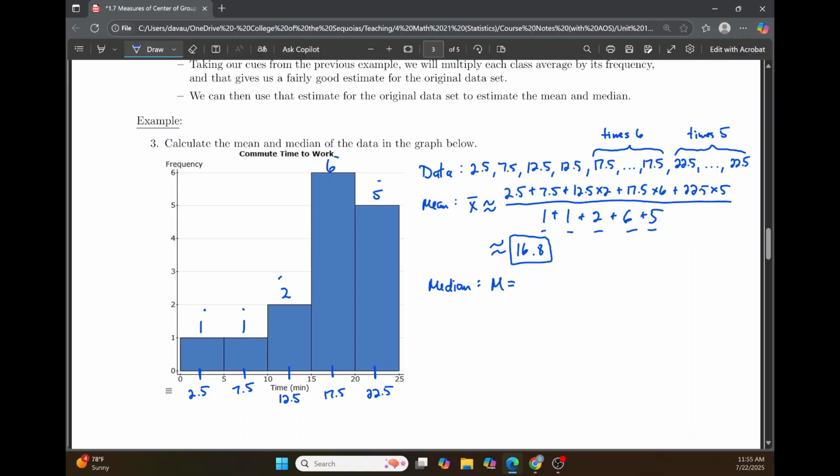So the value that's going to be right in the middle is going to be in position 8, because then there are 7 values below it and 7 values above it. So let's see if we can count up to position 8. We would have position 1, 2, 3, 4, and then 5, 6, 7, 8 puts us in this group right here. So the median is going to be 17.5.